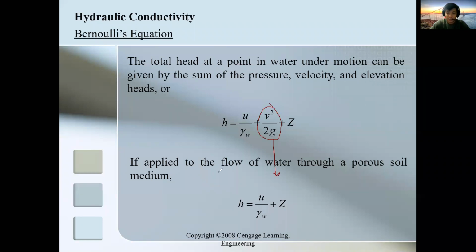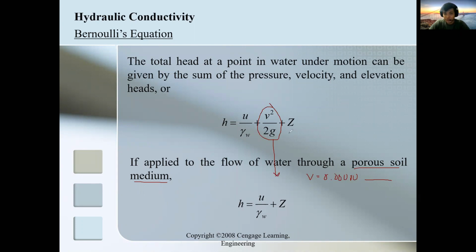It disappeared because, if you read the statement, it applies to the flow of water through a porous soil medium. If you go back to the previous slide figure, we have the macropore flow and the mesopore flow, and those flows are very minimal. Meaning the values of your velocity are around 0.00000 something, which is super negligible, right?